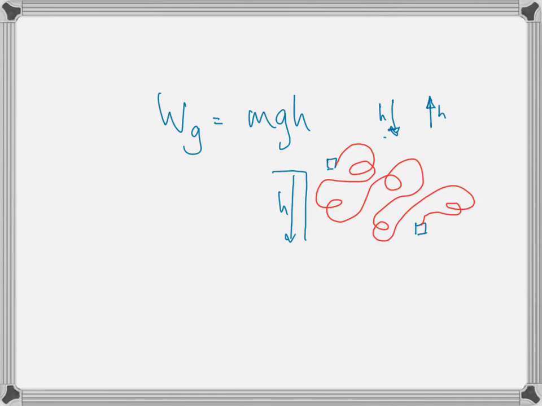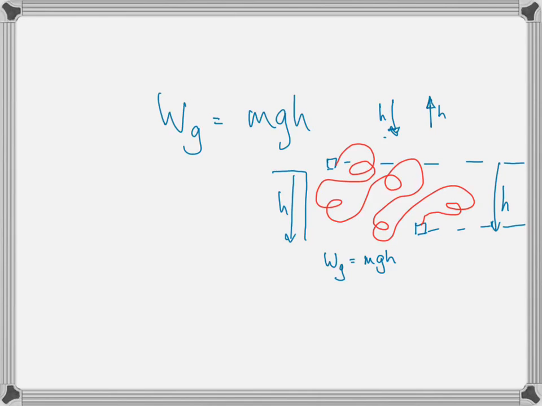Following that red path, what is the work done by gravity? The work done by the gravitational force is still mgh. And the work done by the jet engine that was attached to the book is something other than mgh. But the work done by the gravitational force is still mgh. If it starts here and it ends here, it doesn't matter how it got there. The work done by gravity is mgh.